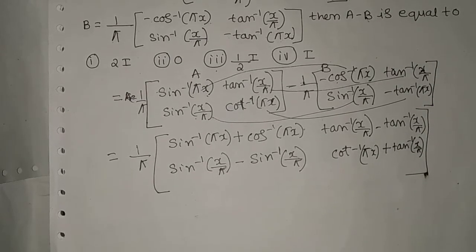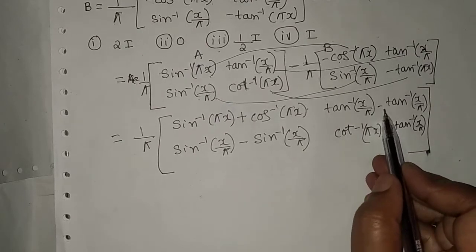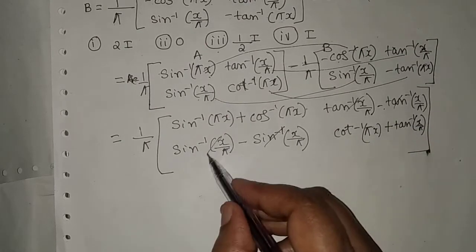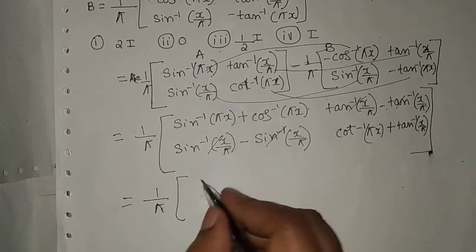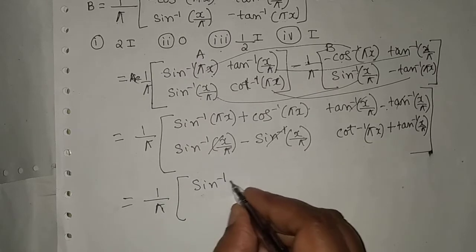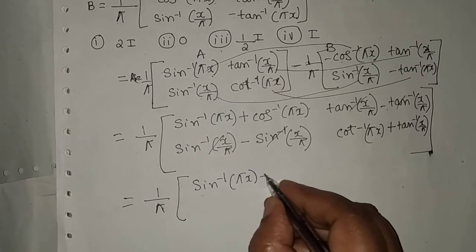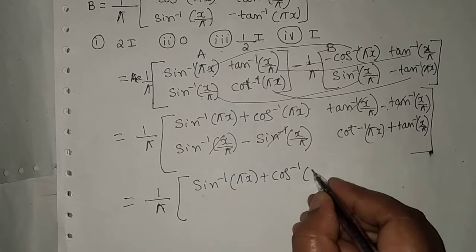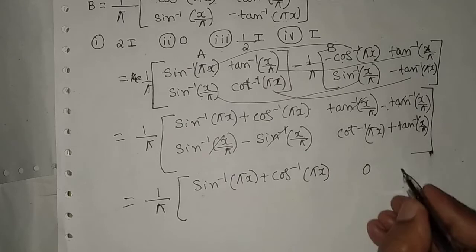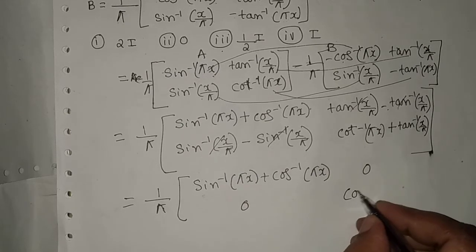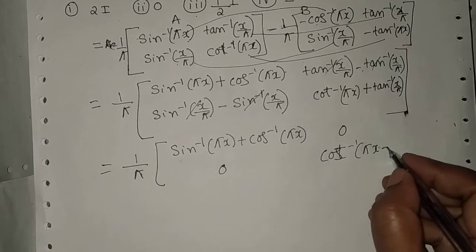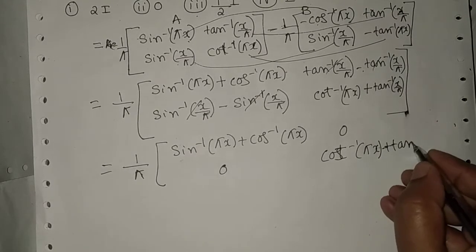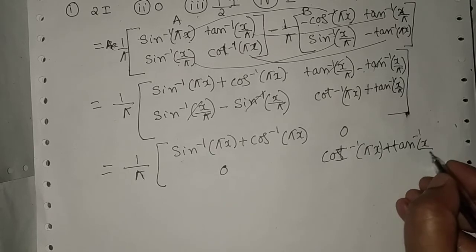So next what happens, here this cancels, this cancels, the remaining we have to write 1 by pi. This one is sin inverse pi x plus cos inverse pi x. Here this is 0 and here this is 0. Next remaining is cot inverse pi x plus tan inverse x by pi.